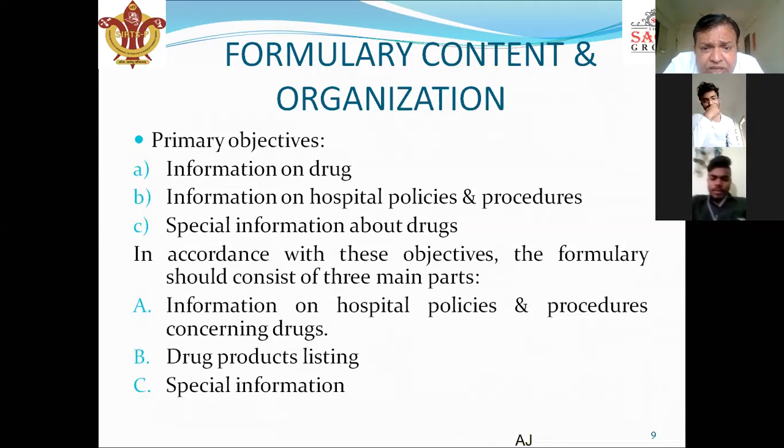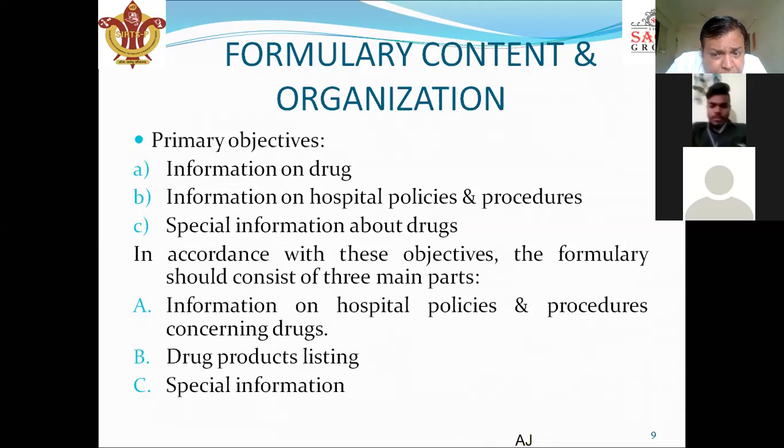In accordance with the objectives, the formulary should consist of three main parts. This is the first part: information of hospital policies and procedures concerning drugs which are available in the hospital.